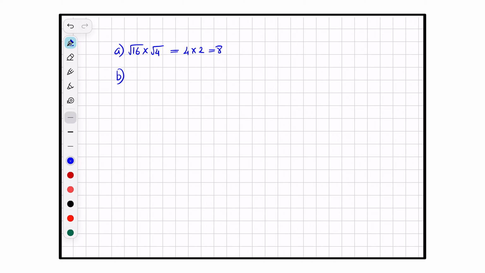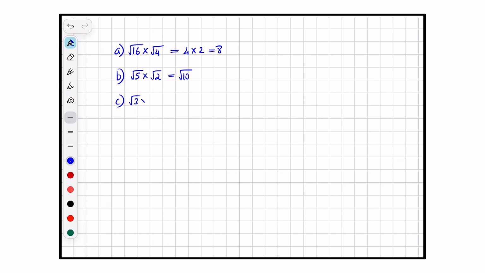We move to option B, root 5 into root 2, and that will be square root of 10. Now this is going to be an irrational number, and root 2 is also an irrational number, and square root of 10 is also going to be an irrational number. So option B is also not correct.